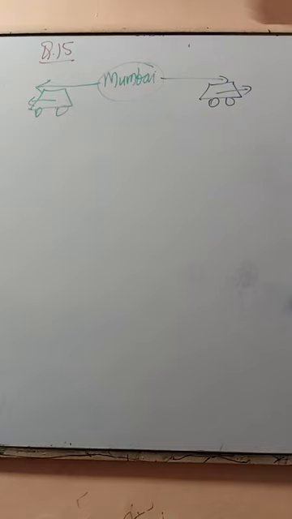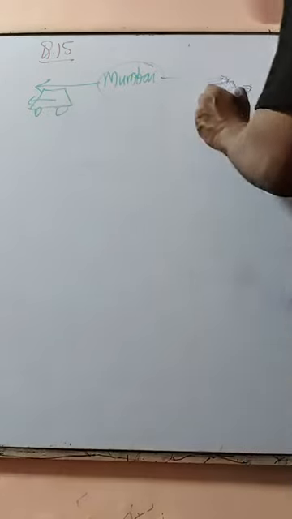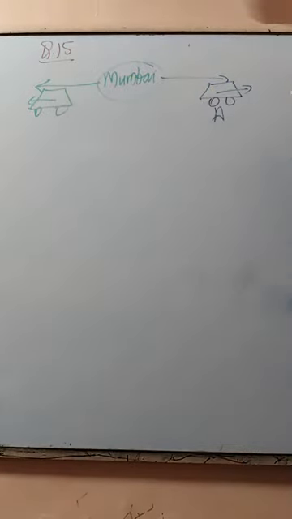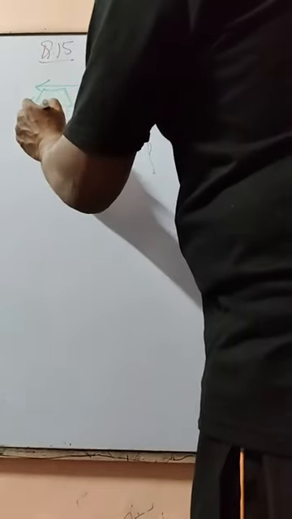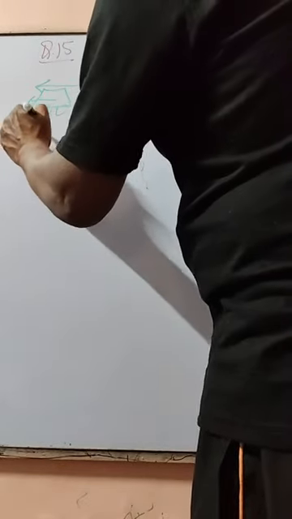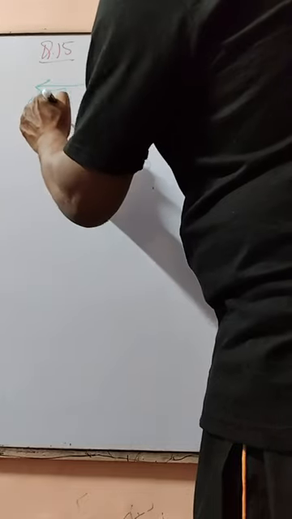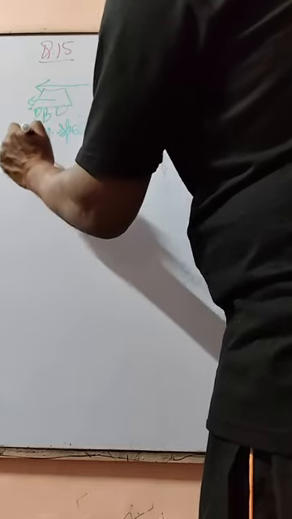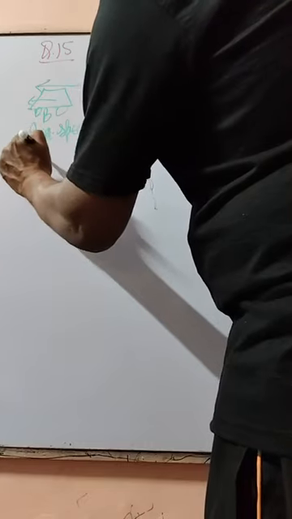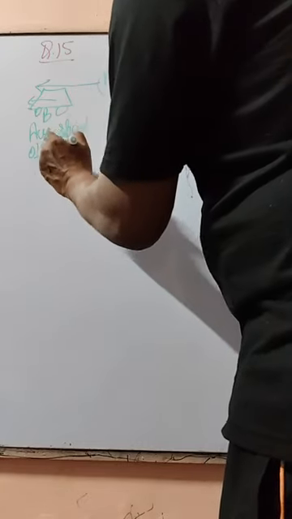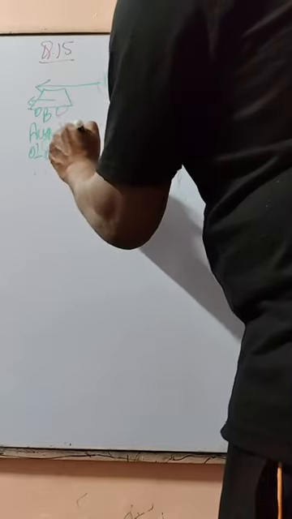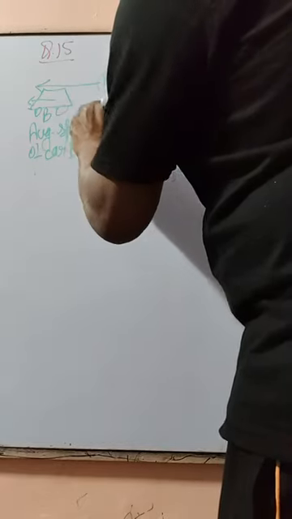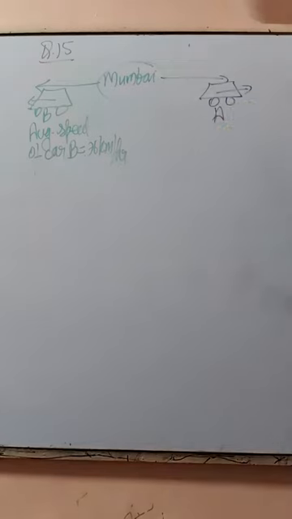If the average speed of car A is 8 km per hour more than that of B. Suppose this is car A and this is car B. So the average speed of car B is equal to x kilometers per hour.